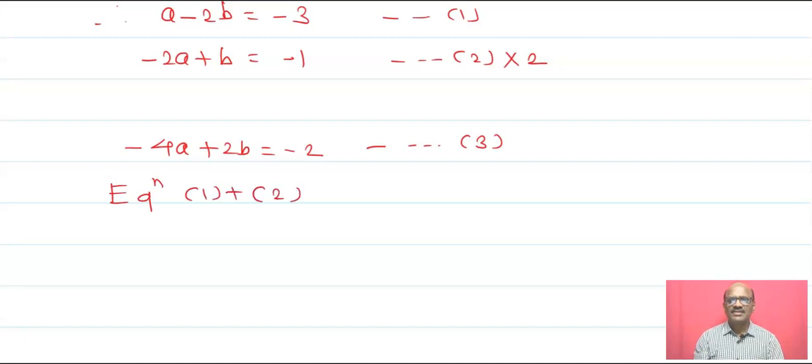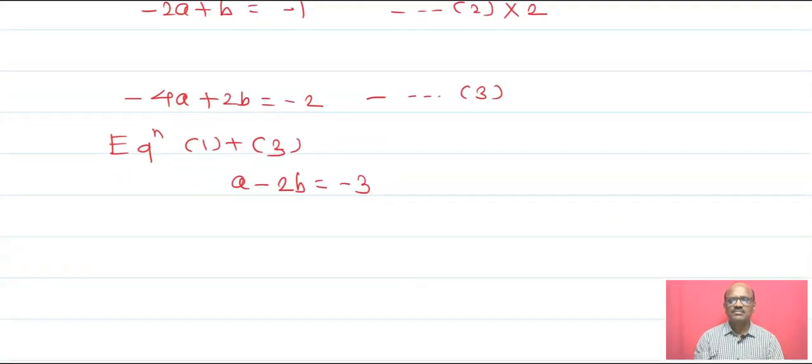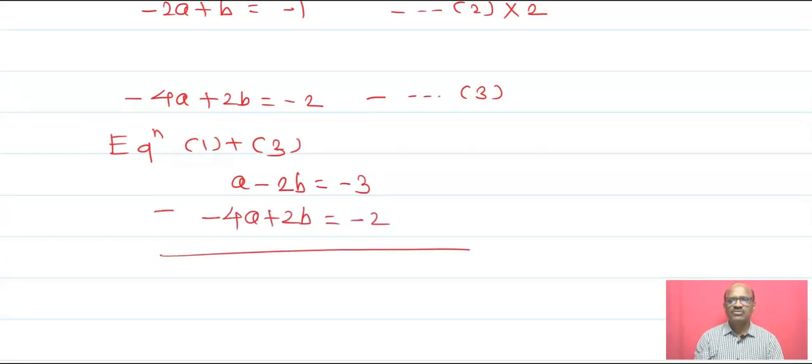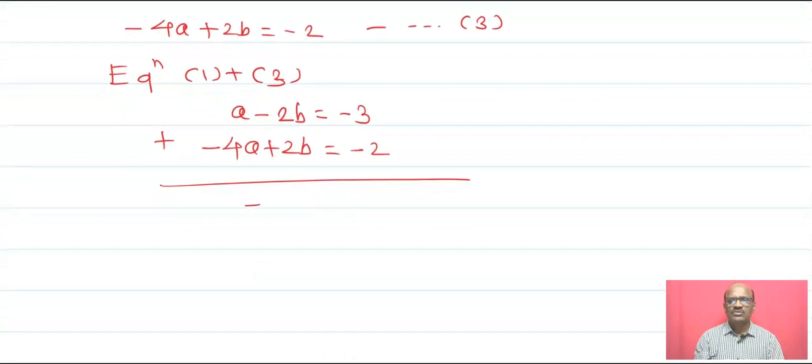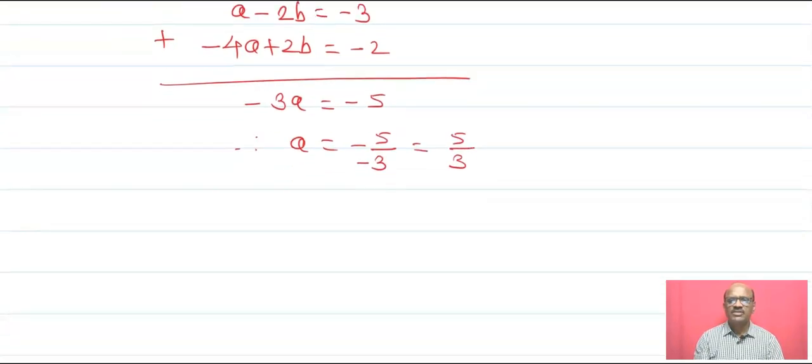Then 1 plus 3, that is a minus 2b is equal to minus 3. Minus 4a plus 2b is equal to minus 2. Minus 3a is equal to minus 5 and a is equal to minus 5 upon minus 3, that is 5 upon 3.